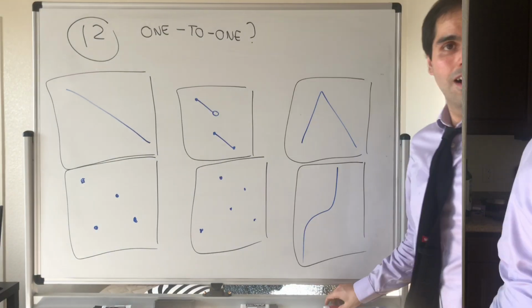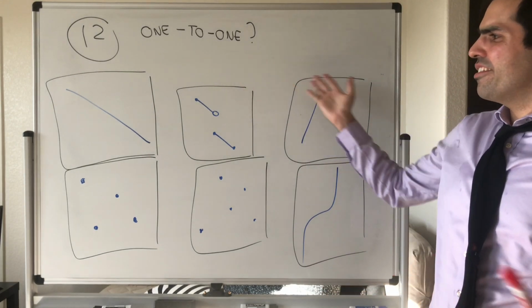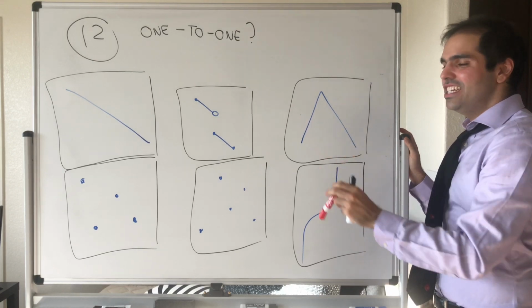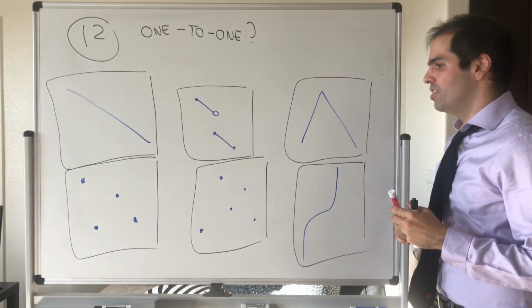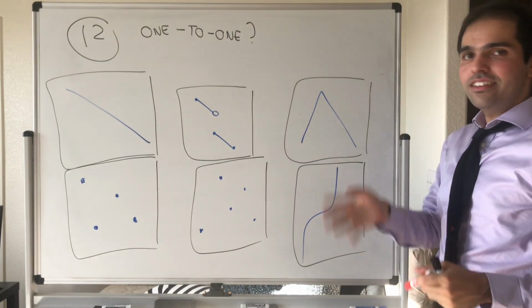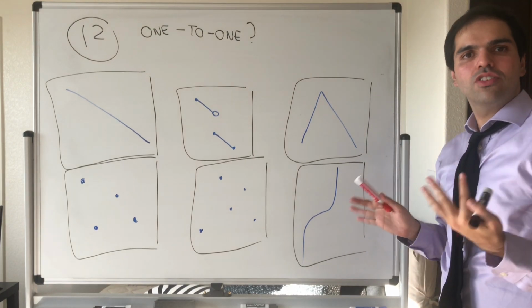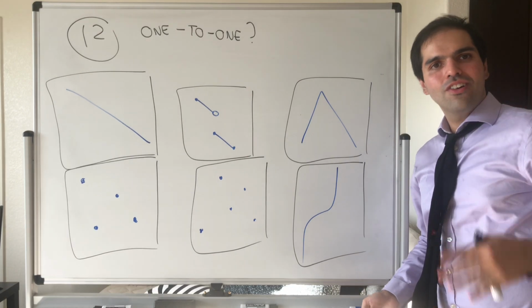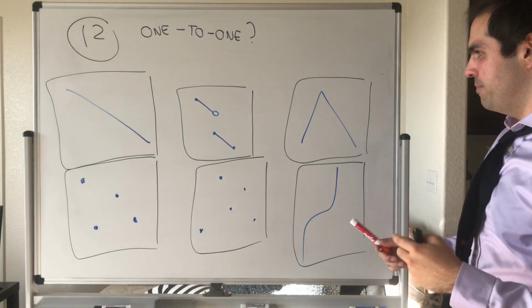All right, next question. Here are some 6 beautiful graphs. The question is, for each graph, is the function 1-to-1? And for this, the best thing to use is what's called the horizontal line test, which is like the vertical line test, but horizontally.